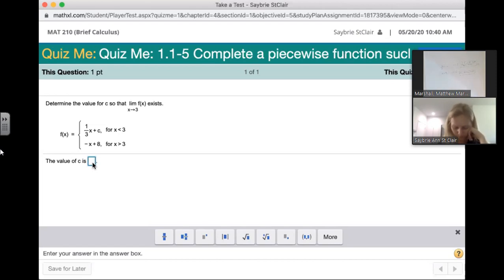So negative 3.1 plus 8 is 4.9, negative 3.01. So this one looks like 5 again down here. So it looks like c is 4 again. It's exactly the same as that last one for the answer, but I'm pretty sure.